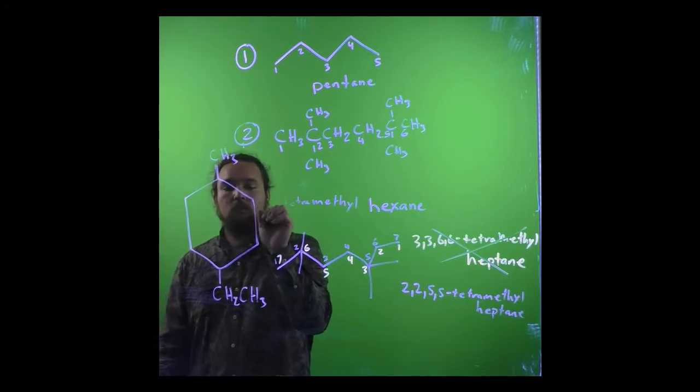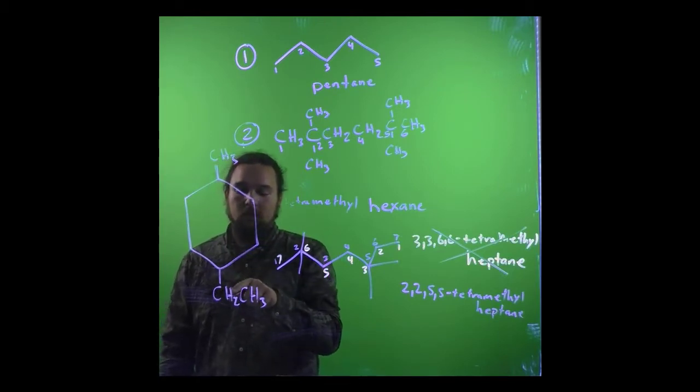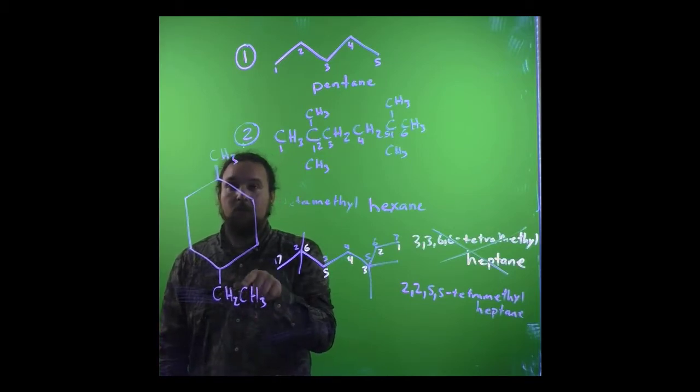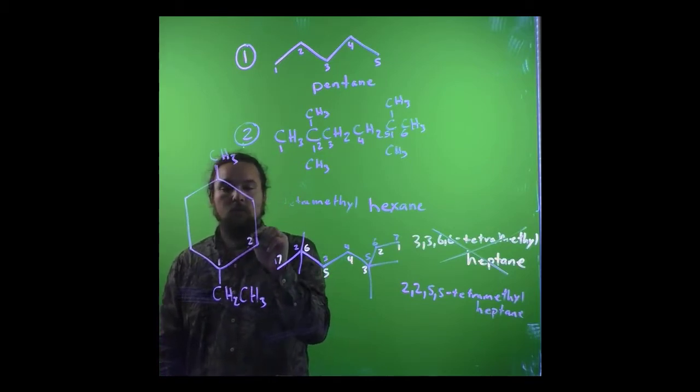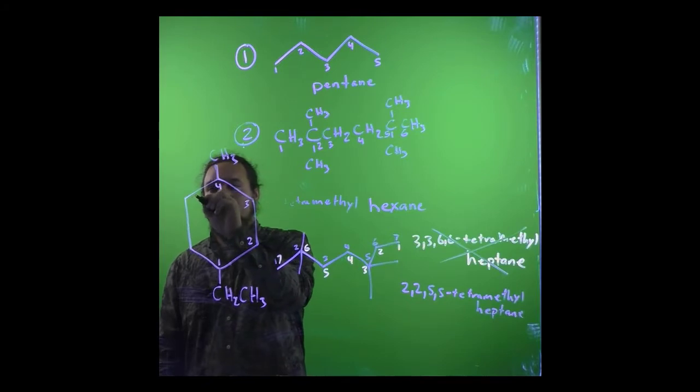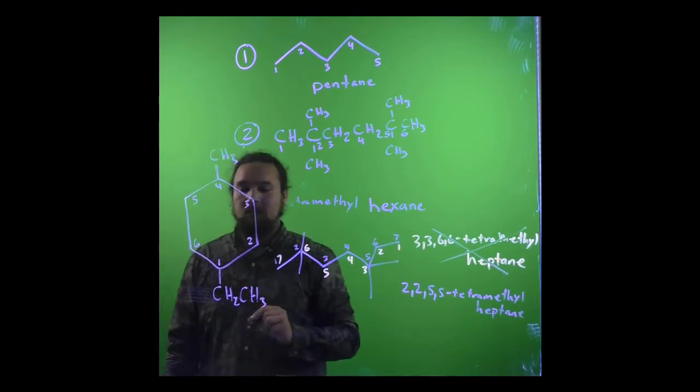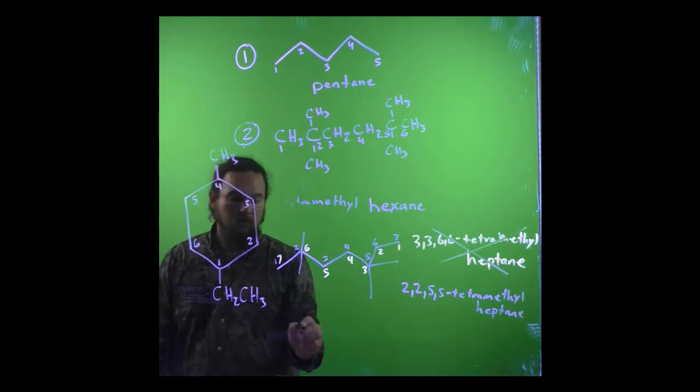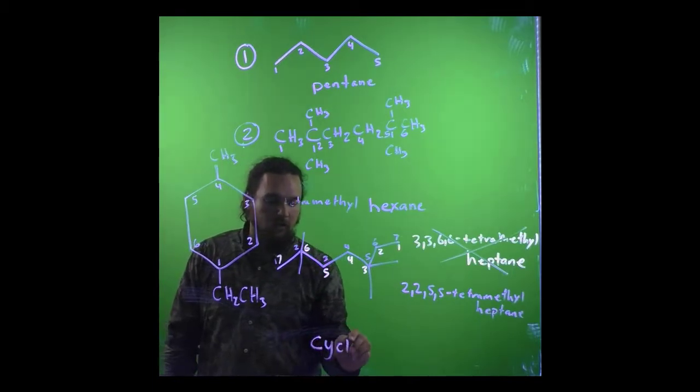This is an ethyl and this is a methyl. So we usually start with the lower alphabetical one. Ethyl comes before methyl, so we'll do 1, 2, 3, 4, 5, 6. So this would be a 6-membered ring, so it would be called a cyclohexane.